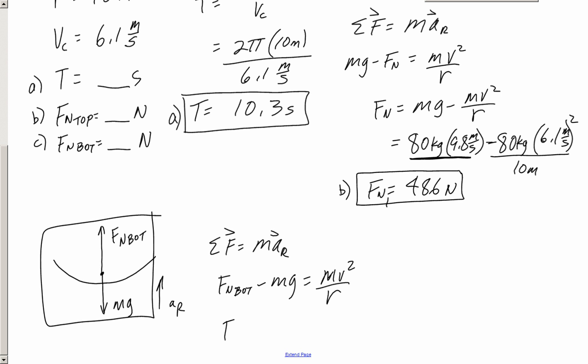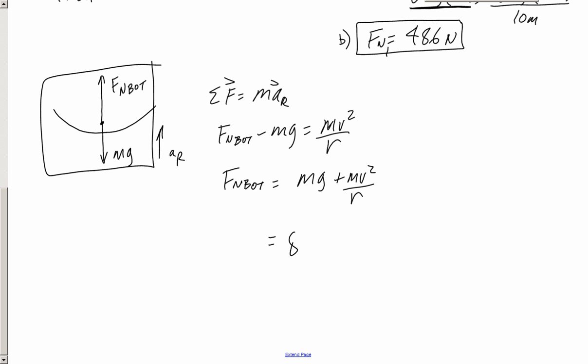And rearranging things, F normal at the bottom would be equal to mg plus mv squared over r.